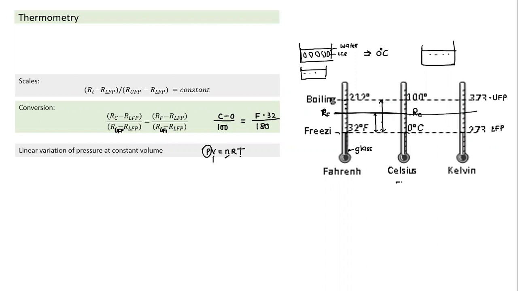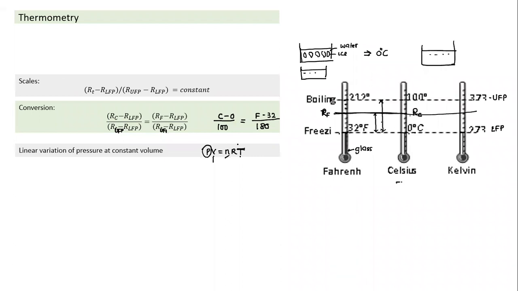You may think that temperature measurement is easy, but most of the time we are not measuring temperature directly. Temperature is a reflection of the kinetic energy of all particles, which is not easy to measure, so we measure something else. In the case of linear measurement of pressure at constant volume, we maintain the volume of gas constant, and as the temperature changes, we allow only pressure to change.